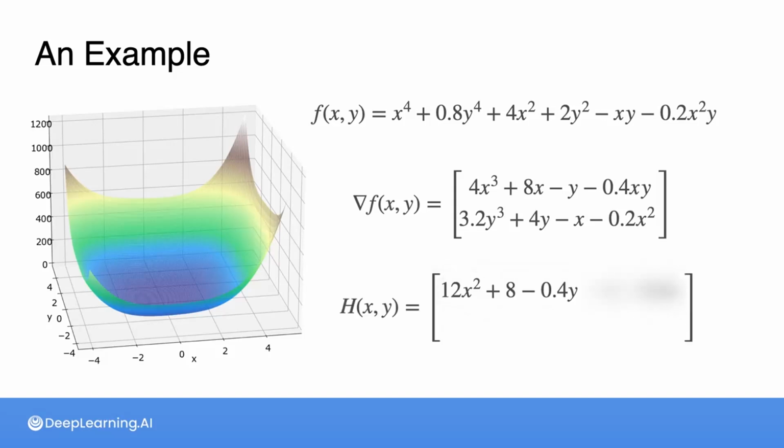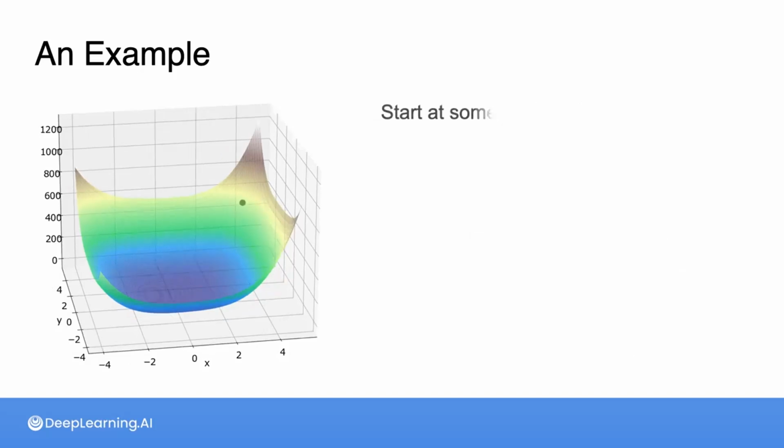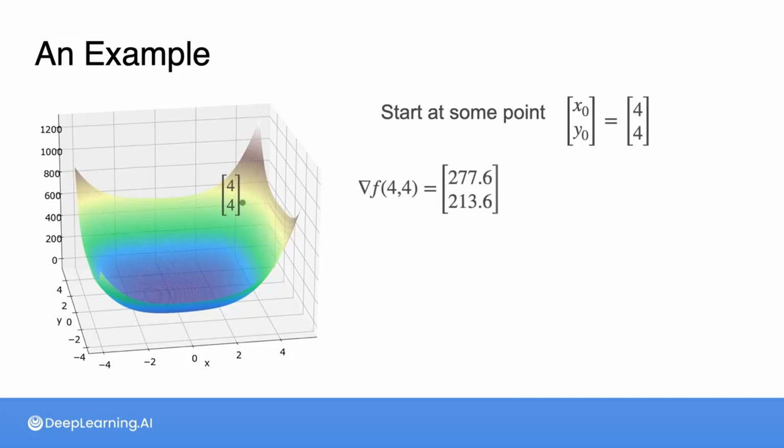So now, using the Hessian and the gradient, you're going to use Newton's method. Let's start at some point, say the point x0, y0 equals 4, 4. Here is the gradient at that point. What we did is, in the expression of the gradient, we simply put the numbers 4 and 4. And now let's find the Hessian. Notice that this point 4, 4 is not the zero of the function, but we're going to get closer and closer using Newton's method.